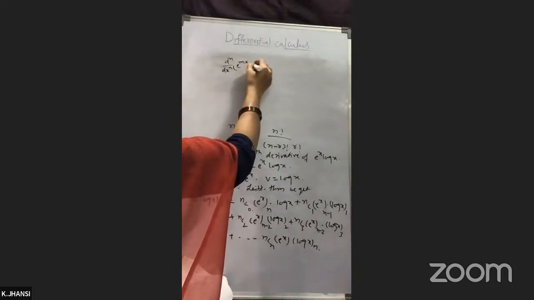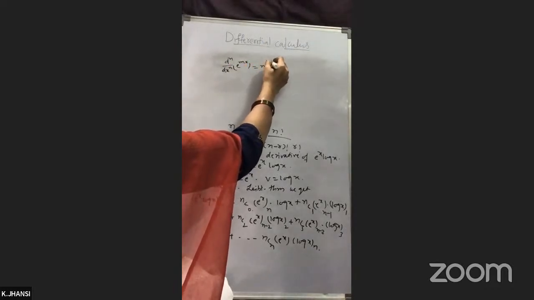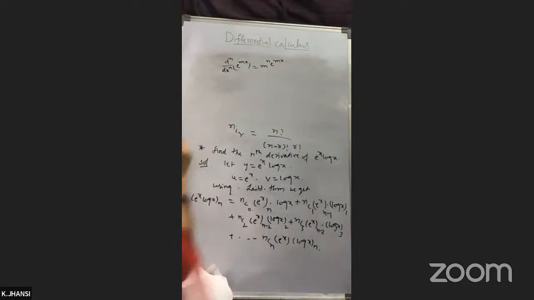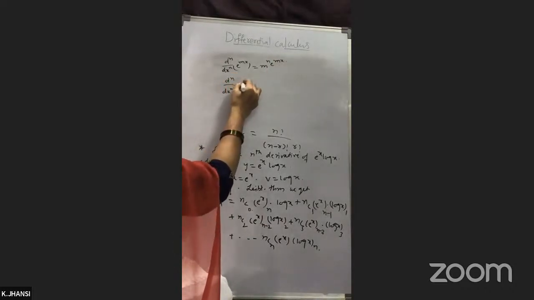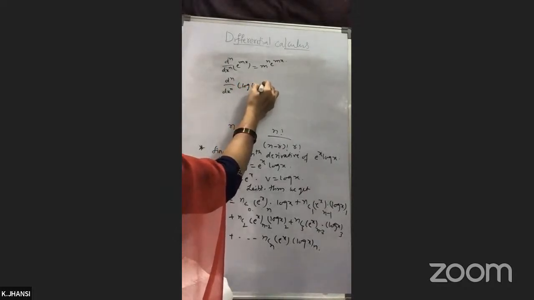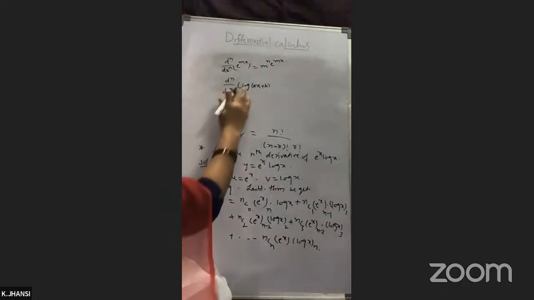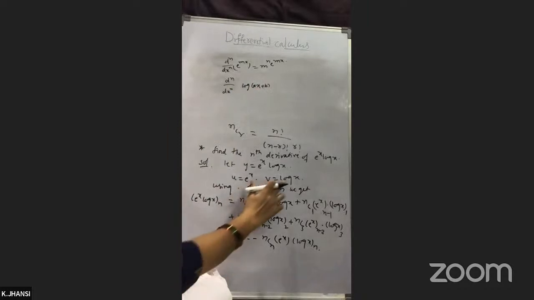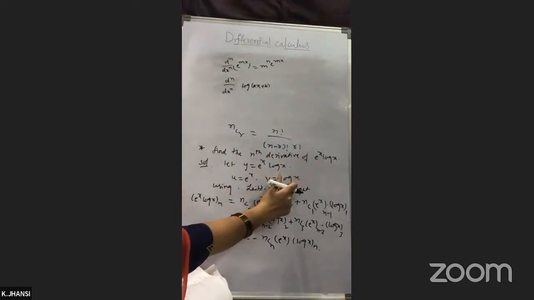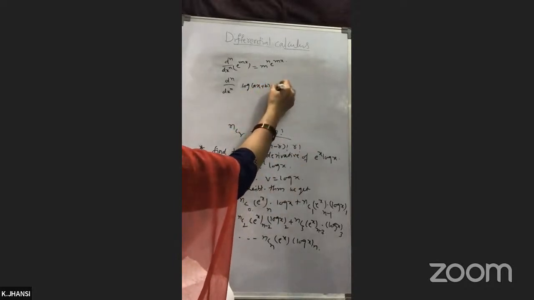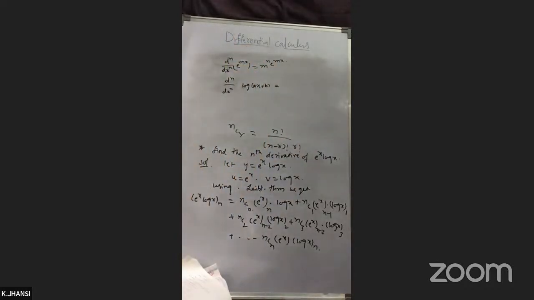So this formula is m to the power of n e to the power of mx. Next, d to the power of n by dx to the power of n of log(ax + b). Here we have log, here we have e power x. So this nth derivative and this nth derivative we need. So what is the log?